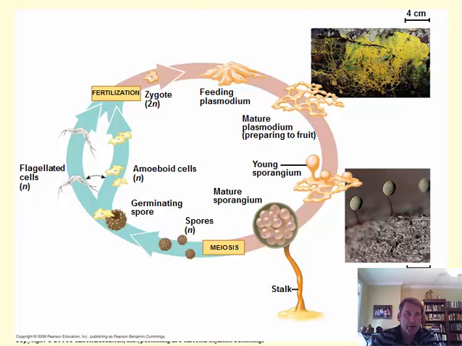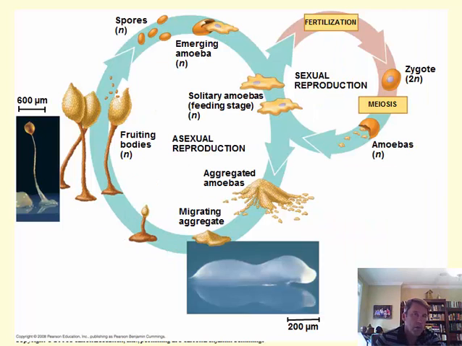Let's look at one of those. Okay, here's a life cycle of a cellular slime mold. Again, very similar to the plasmodial slime mold, but here these can live as single-celled structures, and so again they have a single-cell portion of their life cycle that's haploid.